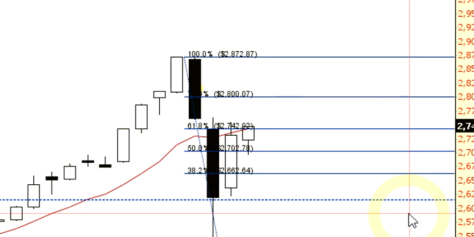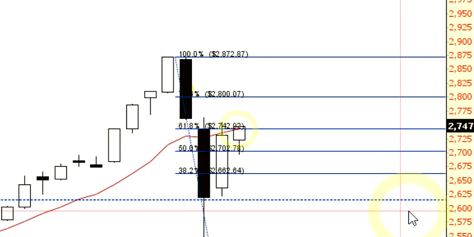Suffice it to say, we might look for the market to rally pretty substantially. Friday's rally was pretty substantial, and it's not even fully represented here by the week.